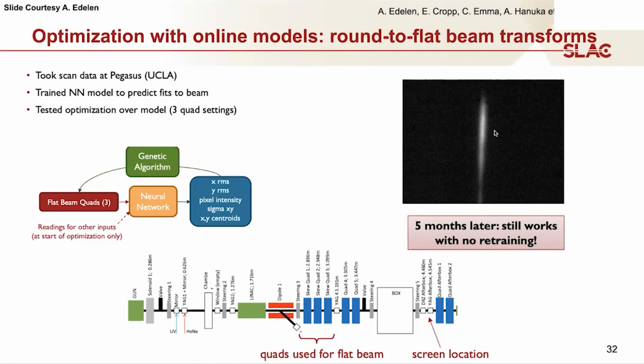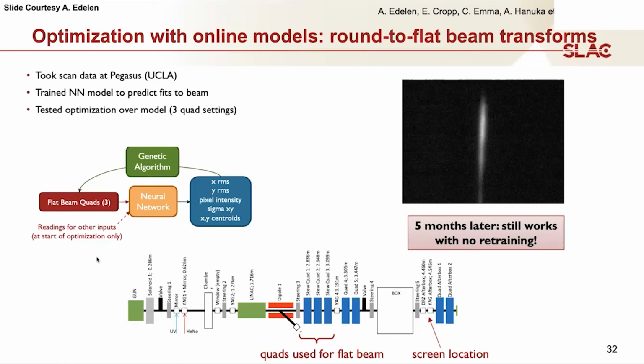We were able to train neural network models that predicted fits to the beams, and in the first experiment, we were also able to use this neural network model to tune the parameters of the machine. In this case, we used a genetic algorithm to tune the flat beam quads to once again generate a beam as flat as possible. And we were feeding in inputs such as the quadrupole settings, steering magnets, the virtual cathode camera images, and the solenoid settings.